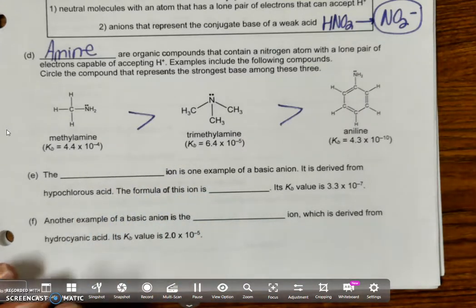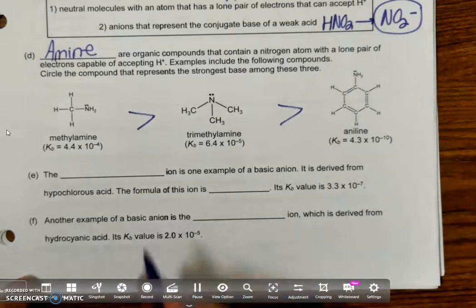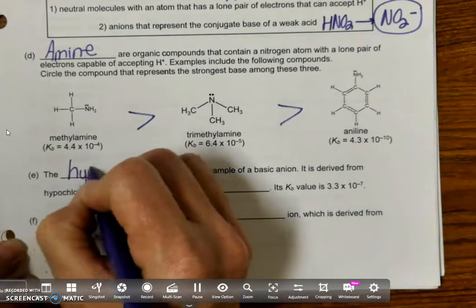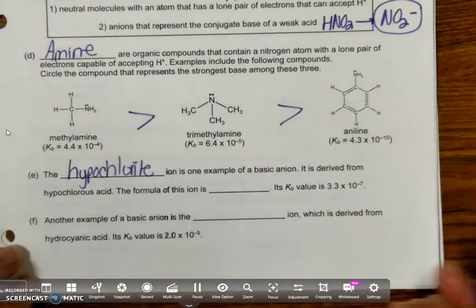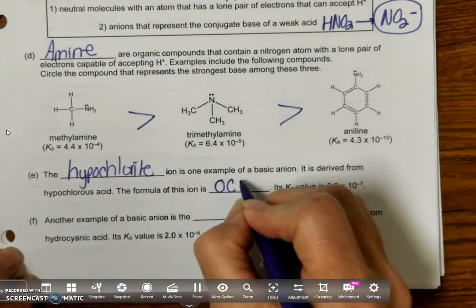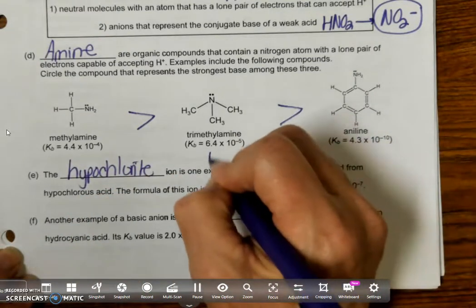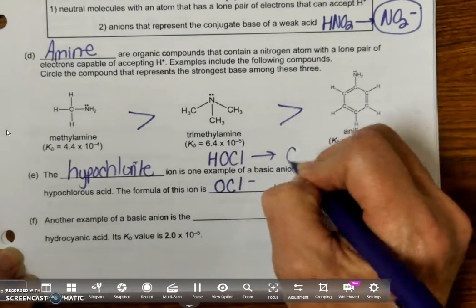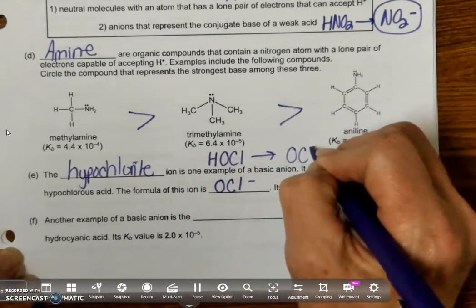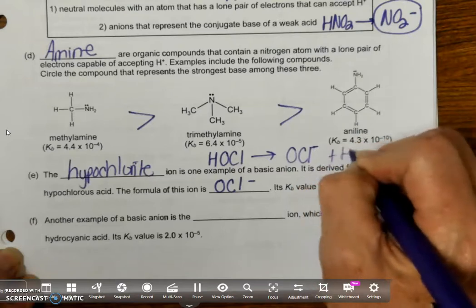Now we're going to do some calculations with an anion type base. We're going to look at the hypochlorite ion. It looks like this. It's formed when HOCl, we talked about this yesterday, dissociates to that plus that.